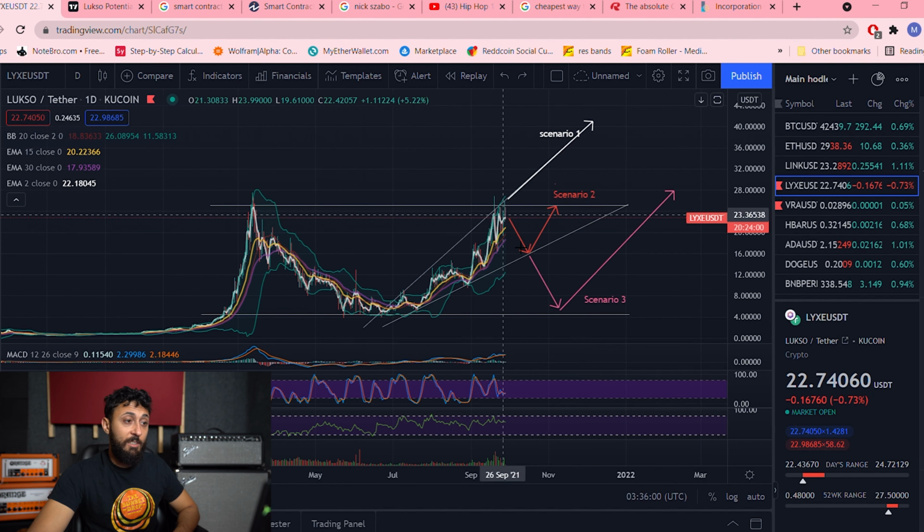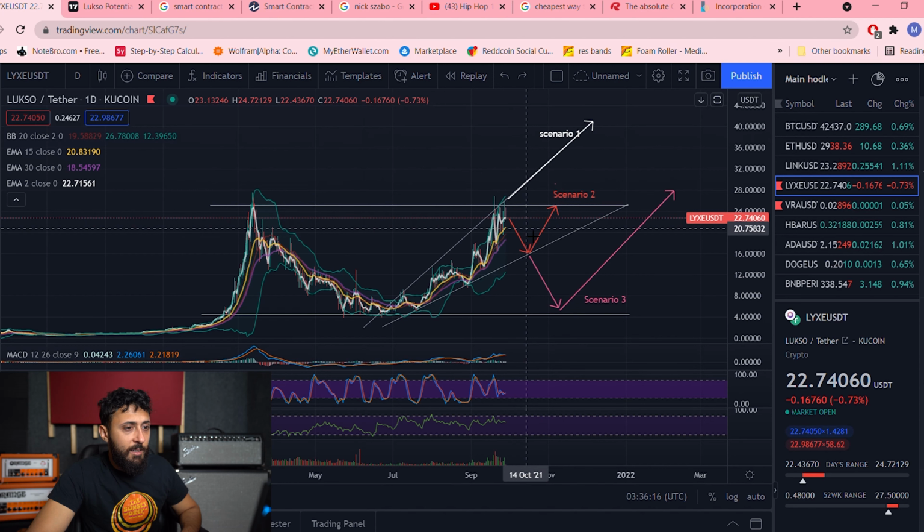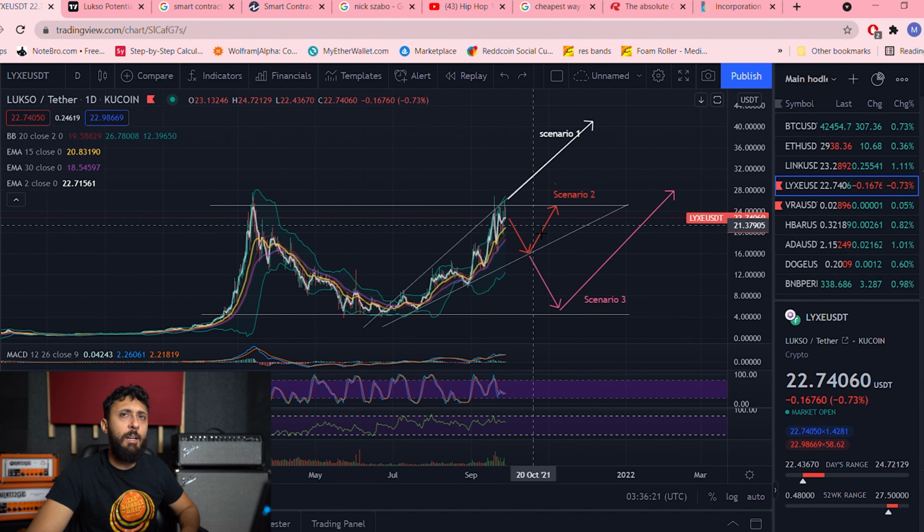Because if it's scenario 1, you don't want to be selling and taking profits early. You're going to lose. Second scenario is if it pulls back, that would be when you just load up a nice little extra bag. That's the ideal. Then, all right, bang, off to new all-time highs we go. That's pretty simple as well.